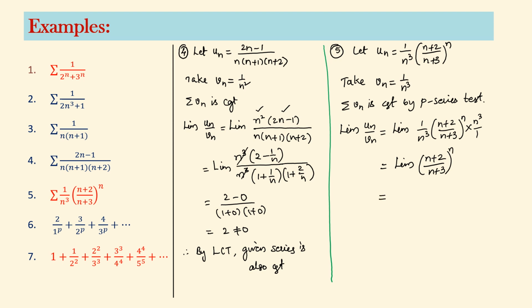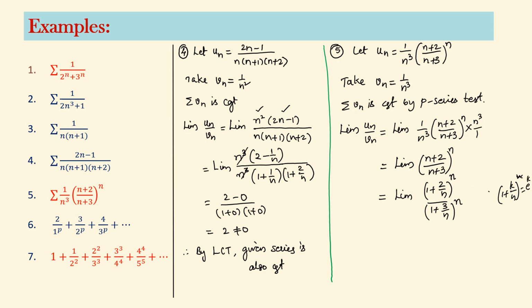So taking the highest power common, which is n, taking n outside, we have 1 plus 2 by n in the numerator and 1 plus 3 by n in the denominator, and for all we have the power n. So I'll split the power to both the numerator and denominator. Now by looking at this, you can apply the formula: limit of (1 plus k by n) whole power n is e power k.